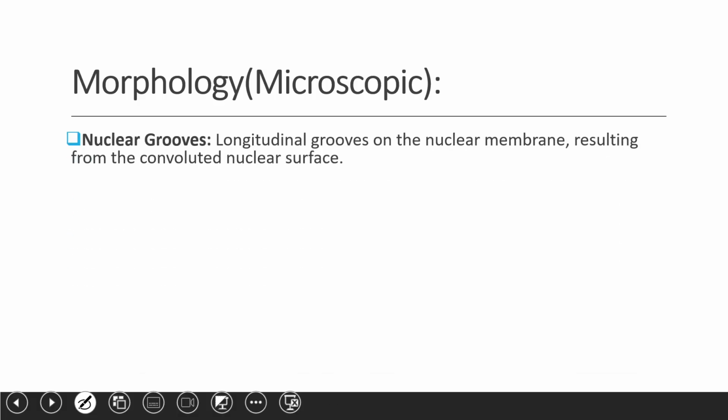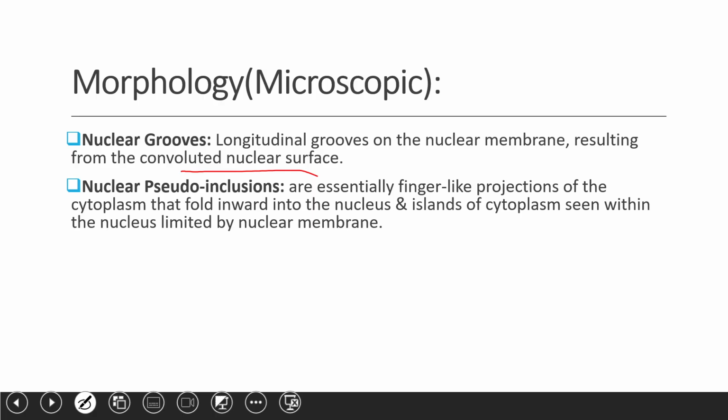And next is the microscopic feature of the papillary thyroid carcinoma. There is a nuclear groove, which is a longitudinal groove on the nuclear membrane that results from the convoluted nuclear surface, and the nuclear pseudoinclusions.